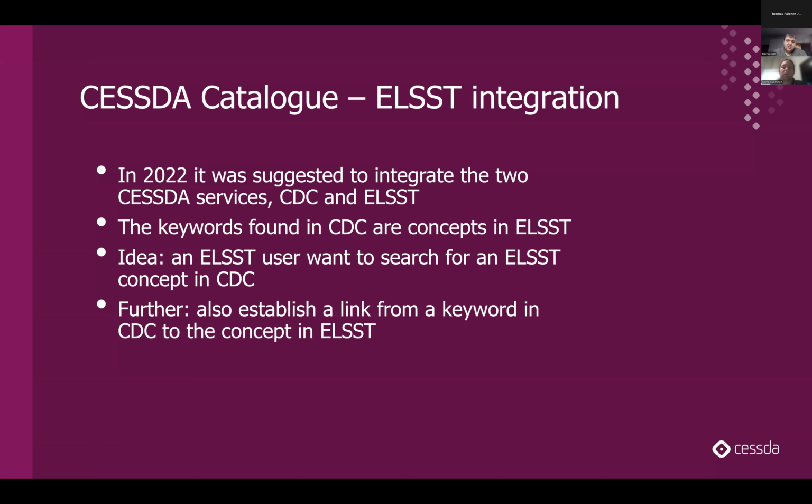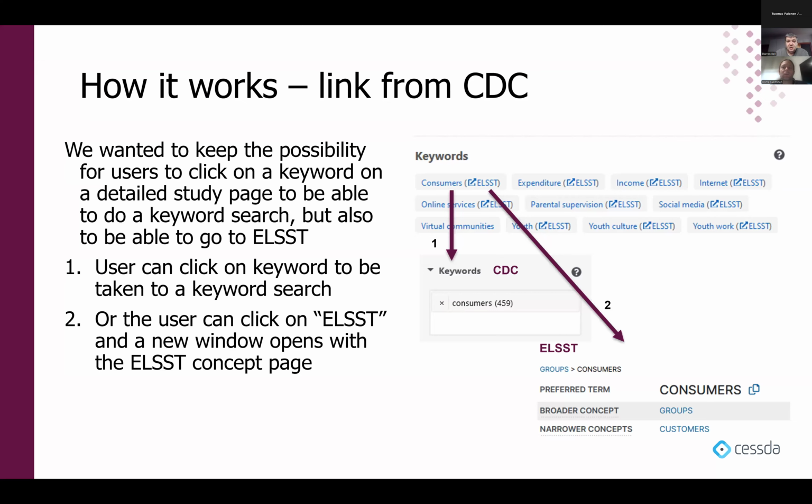So this is really an example of how we connect two systems using Skosmos. And the way this works is that providing that you've assigned a keyword correctly to your data set using the URI, as I indicated earlier, then in the user interface, this makes a nice user journey.